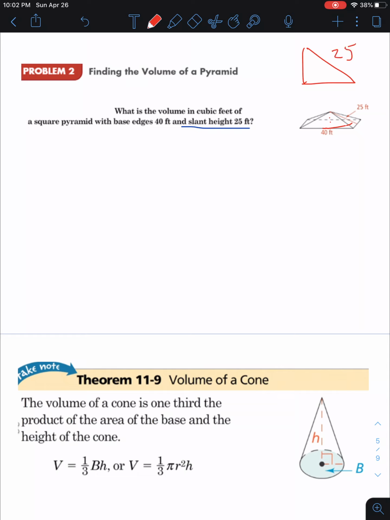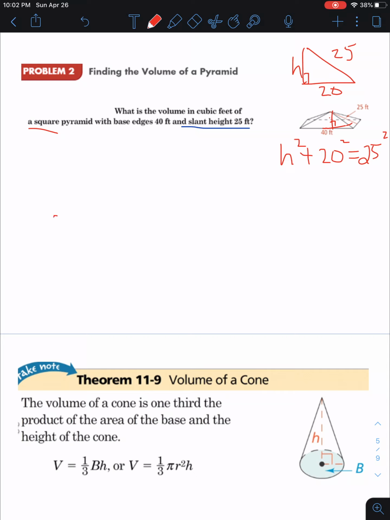Since it is a square, the whole length of the side of the pyramid was 40, and we're looking at half of a length. This will be a 20 down here, and then the height will be h. And we will be able to use the Pythagorean theorem, which would say h squared plus 20 squared equals 25 squared. Okay, and I can find h that way. We'll go after the base here in a bit.